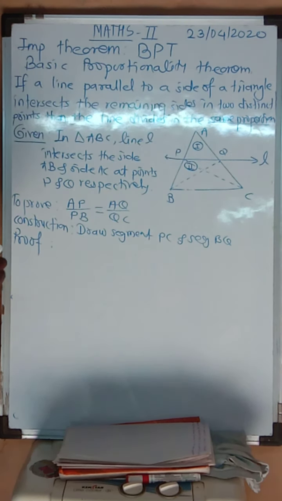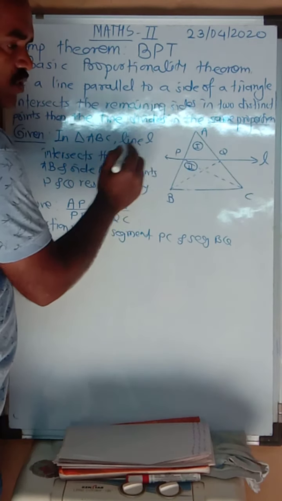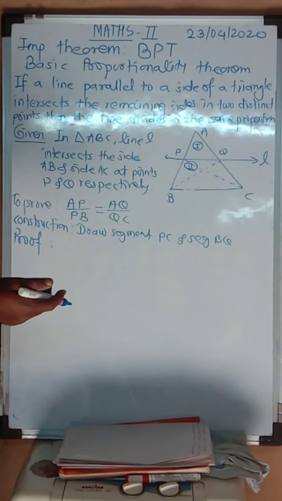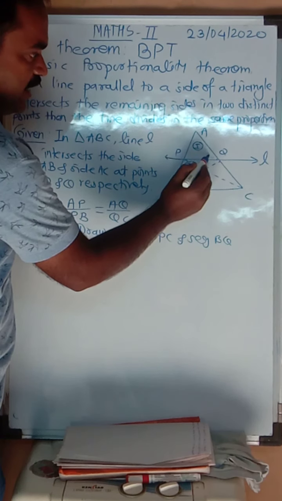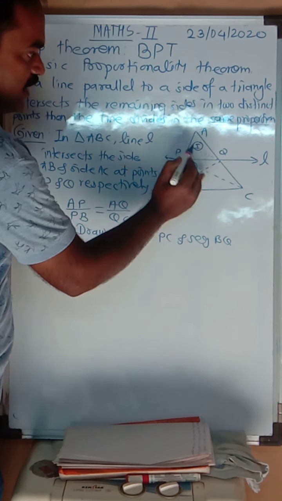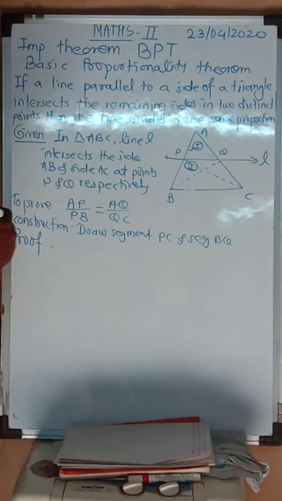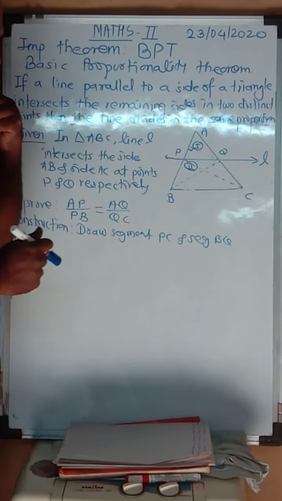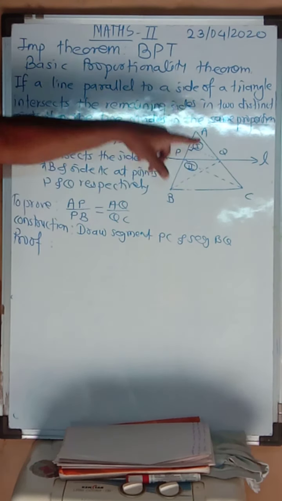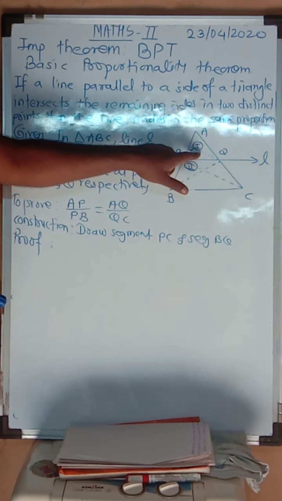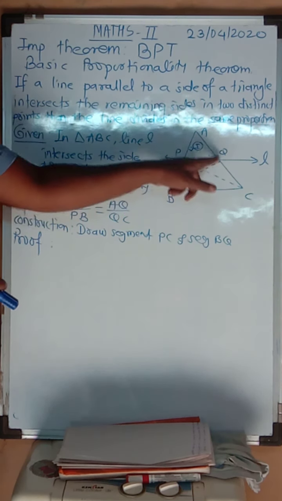What is the height? Height is a perpendicular drawn from the opposite vertex of the side. That means we assume that we draw the perpendicular like this, Q. The segment or altitude drawn from Q is the height, and this height is also the same for triangle BQP.